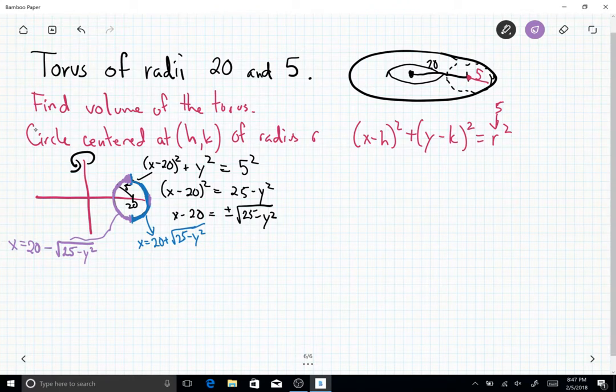We'll deal with that when the time comes, but we have this portion to this portion, and we'll worry about that in a second. But in terms of how we set up our formulas, notice the way we're revolving, we're taking this portion on the outside and looping it all the way around, right? That's the outer portion.